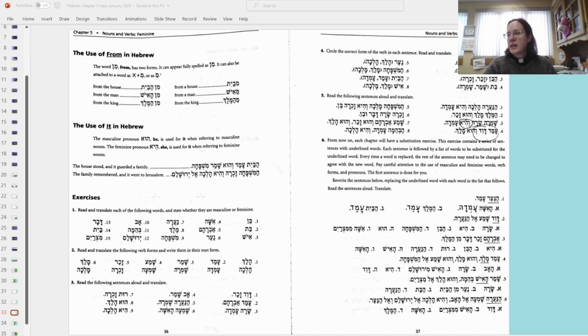So the exercises that they have in chapter 5 are: read and translate, and write them; read and translate the verb forms and write their root. Well, let's look at the first two at least.